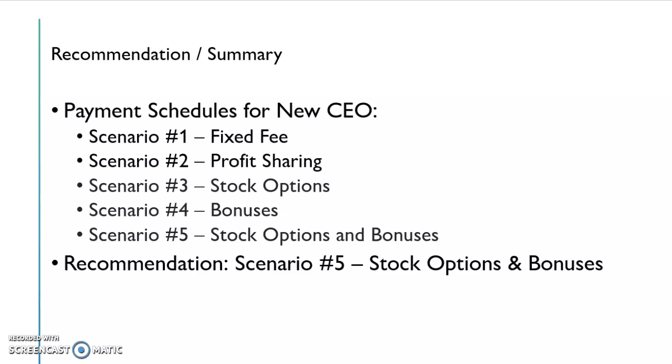My recommendation after reviewing the payment scenarios is that scenario number 5, which offers the CEO stock options and bonuses, would be the best possible solution. This option minimizes both moral hazard and adverse selection for both parties, as the CEO should not feel the need to line their pockets or partake in any of those unethical activities or unhealthy projects that will not benefit the company.